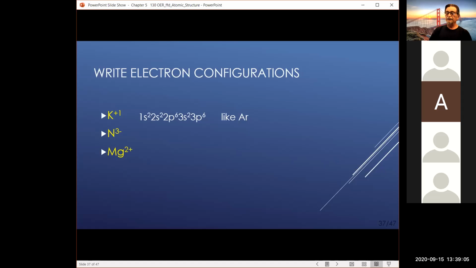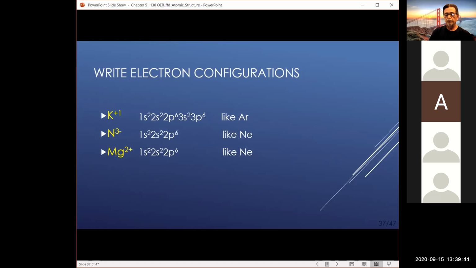You can do it for the potassium element and then be aware that it's the ion we're talking about, so we can take out that last valence electron, and that's the electron configuration that you get. And that is the same electron configuration as argon. The nitride, by gaining 3 electrons, now has the electron configuration of neon, and magnesium also has the electron configuration of neon. Same electron configuration, okay?